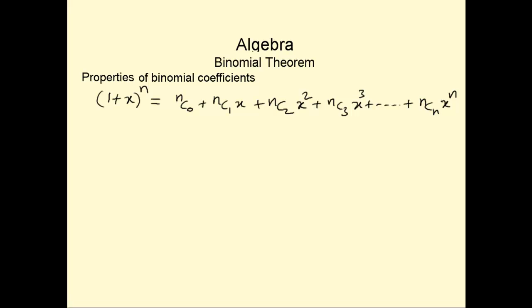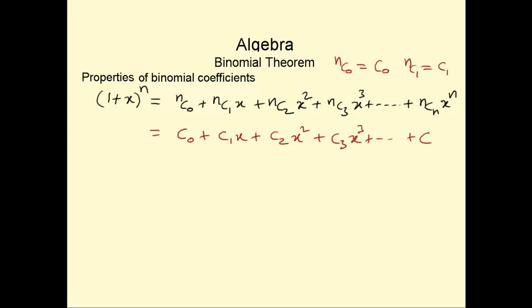Now if we consider nC0 as C0 by just ignoring n, so if there is no number here, it means it's n. Similarly nC1 as C1 and so on, then you can simplify this as C0 + C1x + C2x^2 + C3x^3 and so on, plus Cn x^n.